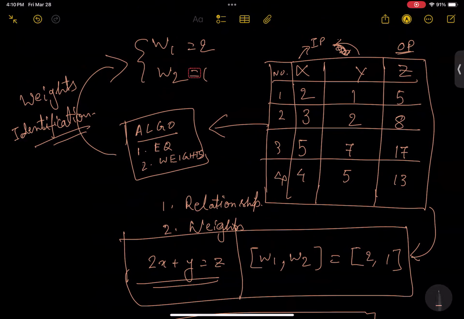Only then will it be easy for the machine to identify the pattern and the weights, and the machine will have more confidence to take the decision, right?